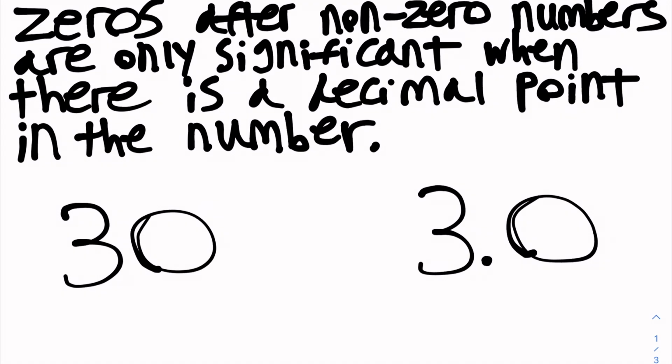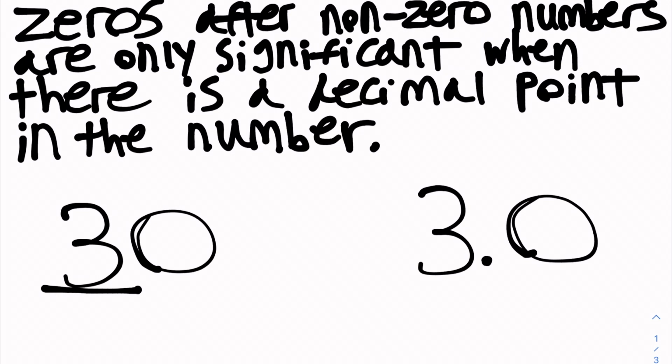Okay, first looking at the number 30, we know that the 3 is significant because it's a non-zero number. But let's look at the 0 after the 3. Rule number 4 states that zeros after non-zero numbers are only significant when there is a decimal point in the number.